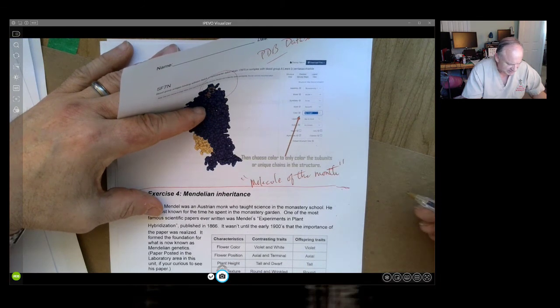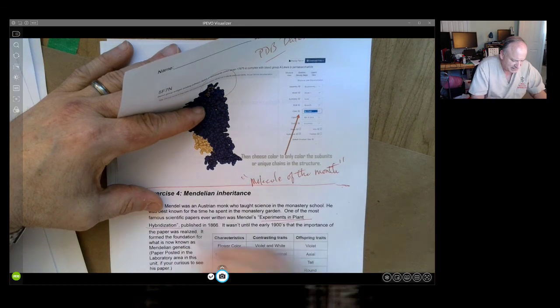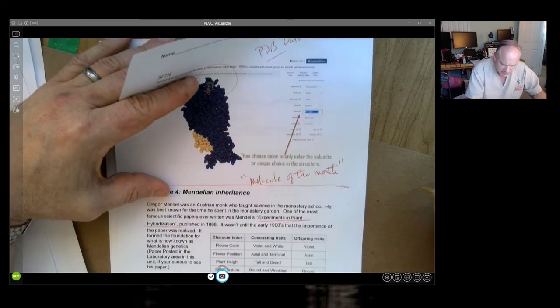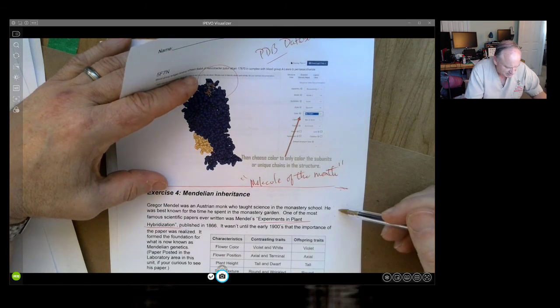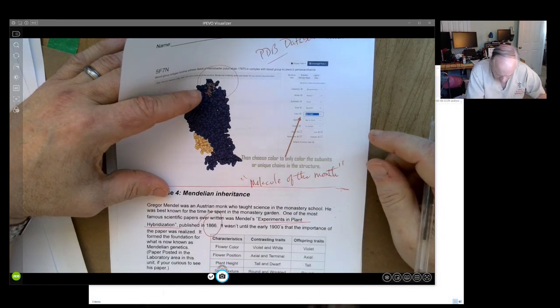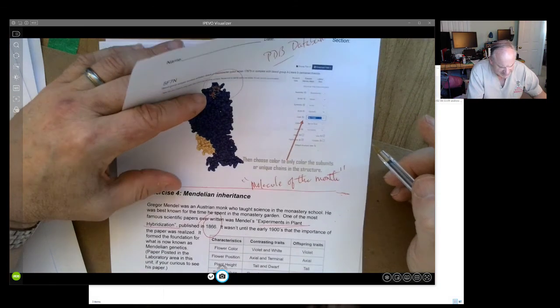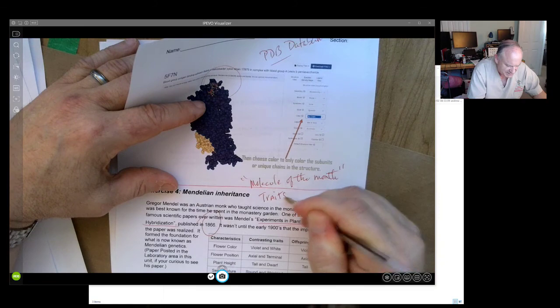And this clever man, who was curious about doing something in addition to just what a monk does, would go from monastery to monastery. What he ended up doing was experiments in plant hybridizations. And it was really interesting. Now, you have to understand, at this time, in 1866, they didn't have a clue about genetics. They didn't know anything about that. And so one of the things he brought up was this concept of traits.